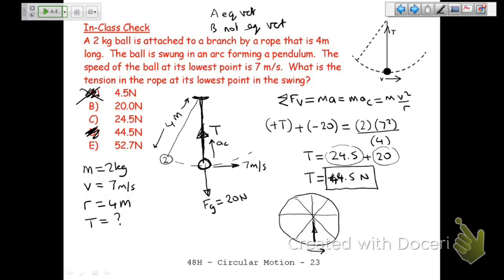Basically, it's hard to describe it without some numbers, but I can say T minus Fg is equal to mv squared over r. And if I take that point there, then my mg is at 90 degrees. This is my mg.